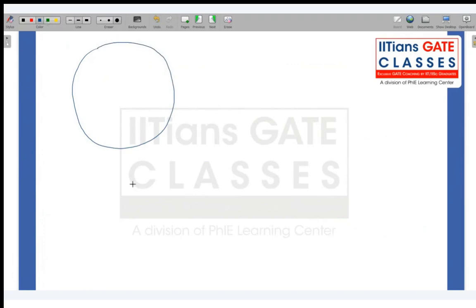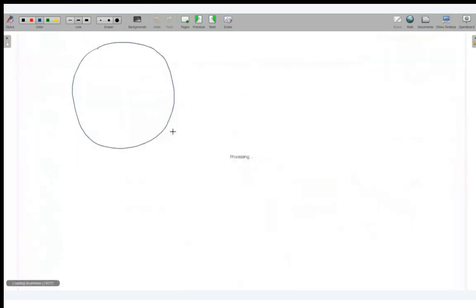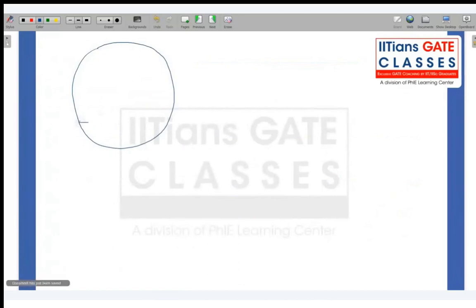If you want the maximum area, as they have already mentioned in the question, the maximum possible area means you have to take this side and this side the same, x and x. If you want maximum area from this rectangle, both sides should be the same. All sides should be the same, then only you can find the maximum area.